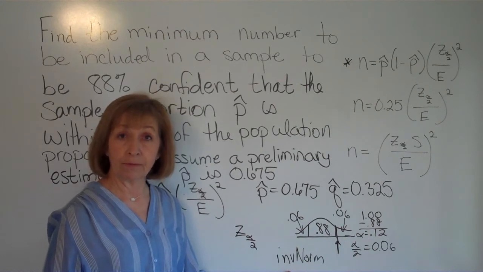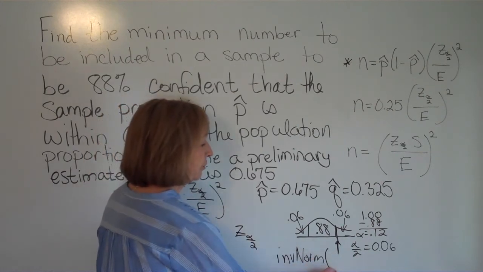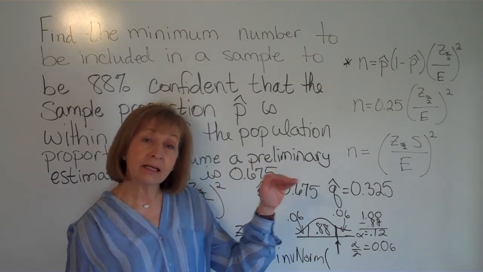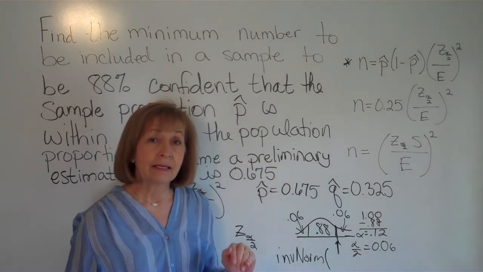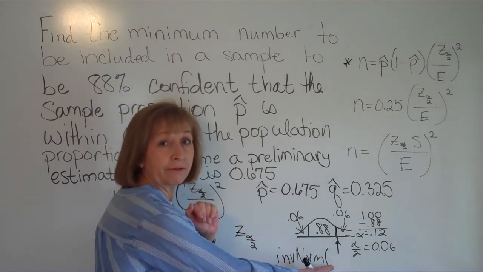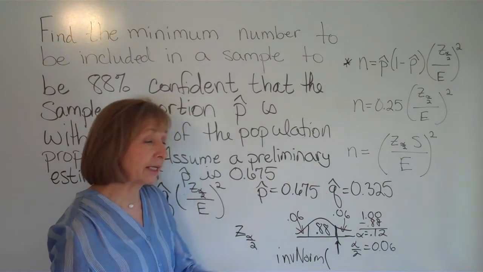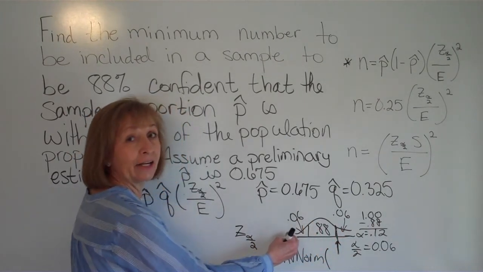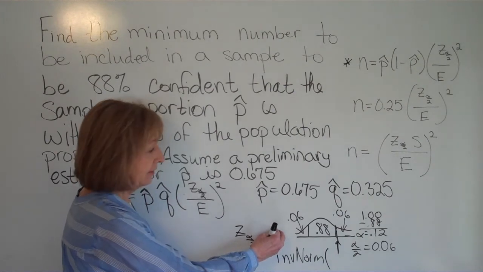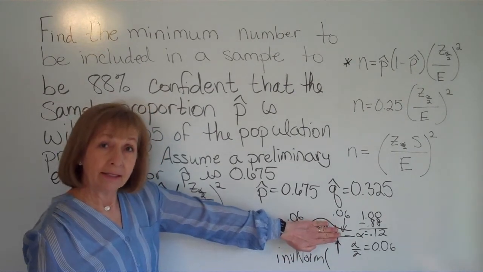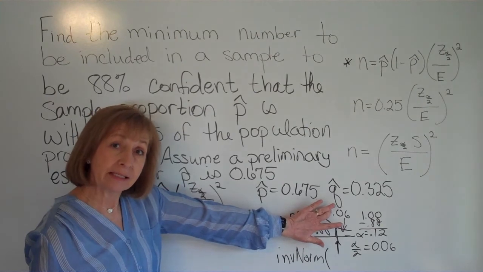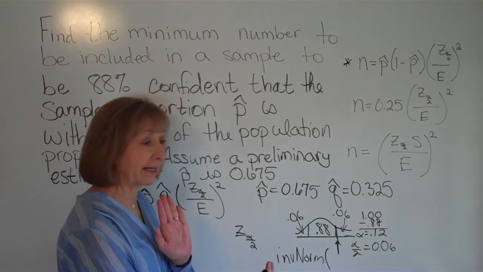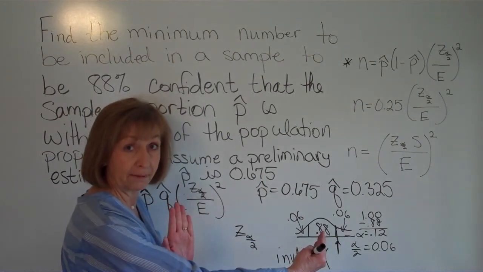Go to the inverse norm. For some of you, when you push the key, it'll just give you an open parentheses. For others, it's going to give you a menu that says area, mu, and sigma. In each of these cases, the very first one is what you want across the area. When they decided to program this, it's the area entirely left of that cutoff. So if the entire area is 1, and I take 1 and subtract 0.06, then I would have 0.94 is how much is left of that cutoff, if 0.06 is to the right.